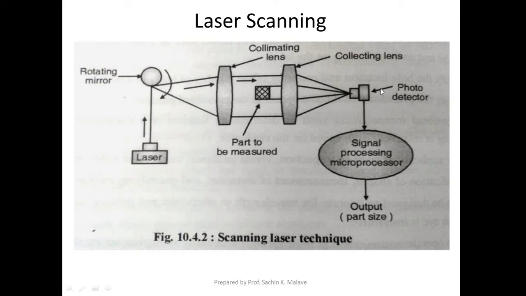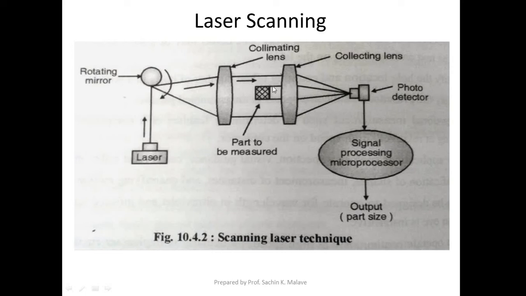Now this photo detector is going to sense this beam except when it is interrupted by the object, okay. So whatever light is being focused on this collimating lens, all that light will be sensed, that will be collected by the collecting lens, and that will be given to the photo detector, and accordingly that photo detector is going to sense this light.